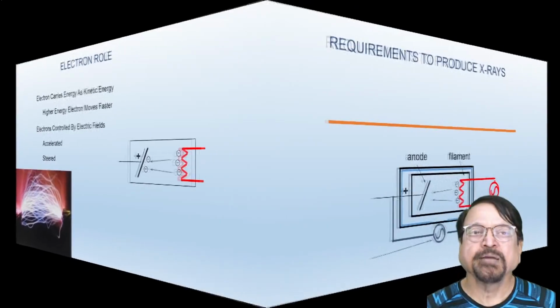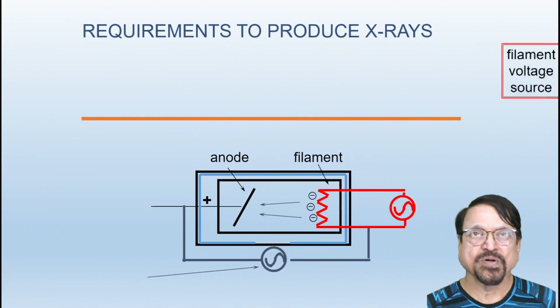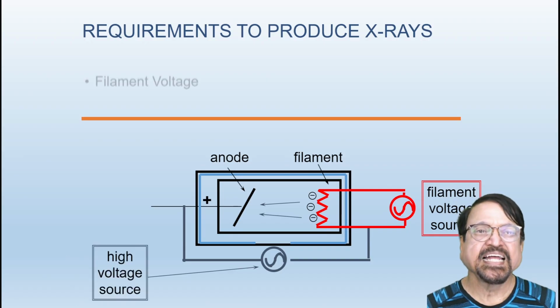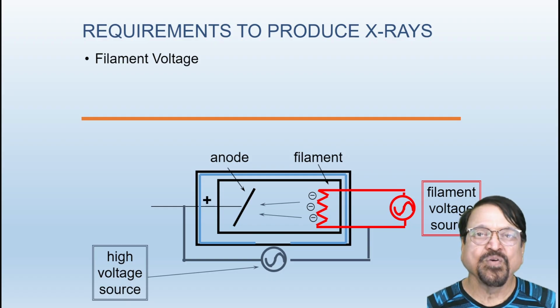X-rays are nothing but a packet of energy, called a photon. Then what are the requirements to produce X-rays? A filament voltage you have to apply, because of which there will be thermionic emission and electrons will be expelled. This electron cloud will be attracted towards the anode because of the high potential difference between the two. A high voltage source is applied to accelerate them.